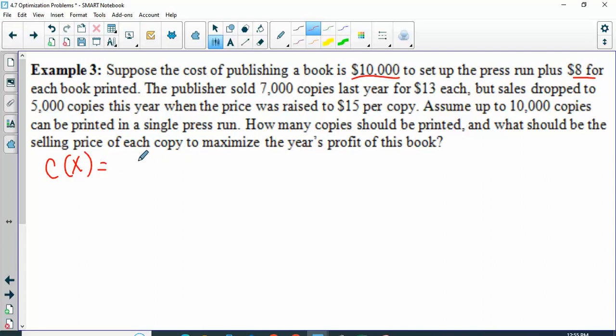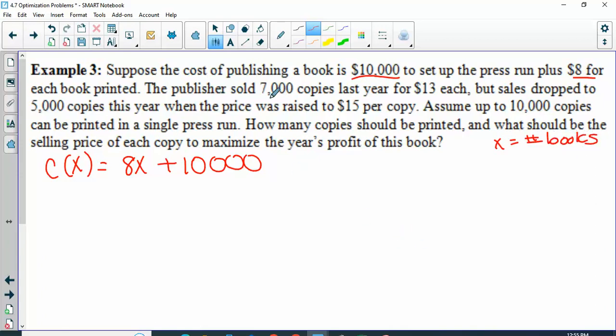Assume it's linear. So like 10,000 plus 8x. mx plus b. Your slope is 8, that's your repeated cost, your 10,000 is a one-time thing. So x here is the number of books, the way we have it set up.